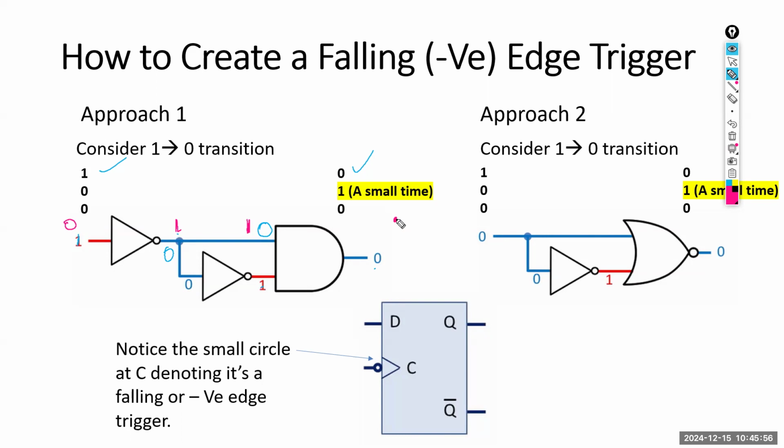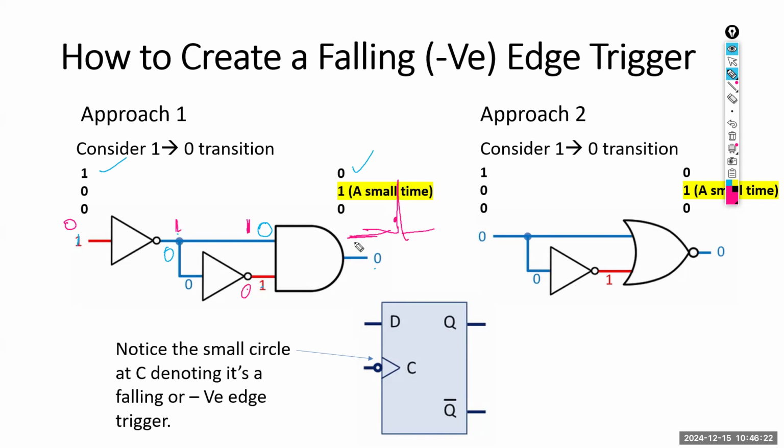But that is for a very small period, because when this is 1 it means again this becomes 0. When this becomes 0 after a few nanoseconds, again 1 and 0 is 0. Therefore, it's a very small period, only a peak is there. Then again it goes to 0. But that happens during the transition from 1 to 0, and again it settles to 0.